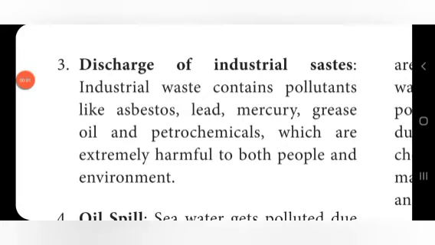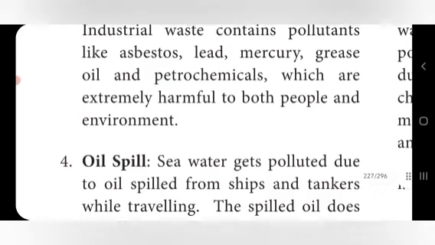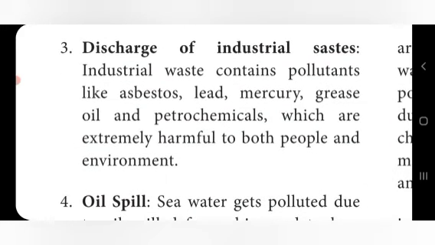Discharge of industrial waste. Industrial waste contains pollutants like asbestos, lead, mercury, grease, oil and petrochemicals which are extremely harmful to both people and the environment. So these are products we use in day to day life.